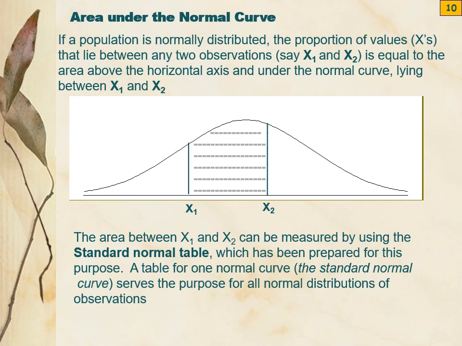That standard normal table works for all of them, and we will discuss how we make use of that table in the following slides. This is the main thing, the standard normal table, which we shall be using in all the numerical problems based on the normal distribution.